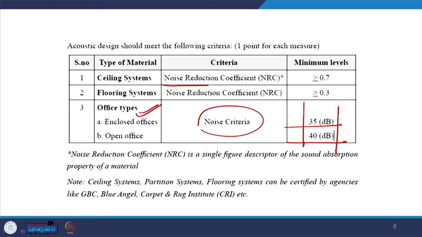The second is there is a lot of sound which is generated inside the office itself. So, for that the materials which are going to be used on ceilings and floorings, they have to be prescribed with minimum noise reduction coefficient, the NRC value. So, the minimum NRC value for ceilings is prescribed to be 0.7 as per IGBC, and for flooring systems it is prescribed to be 0.3.